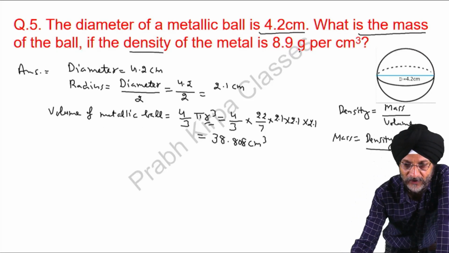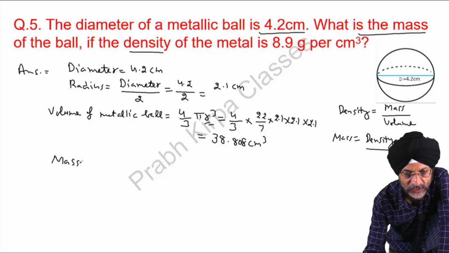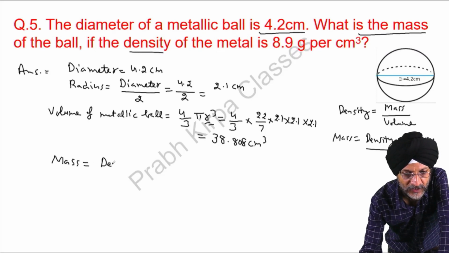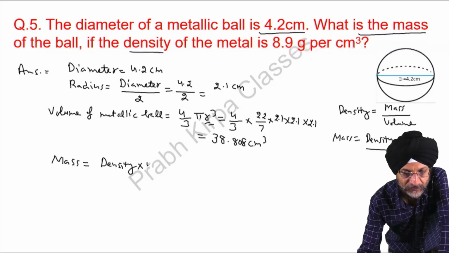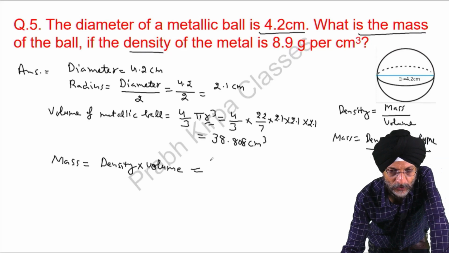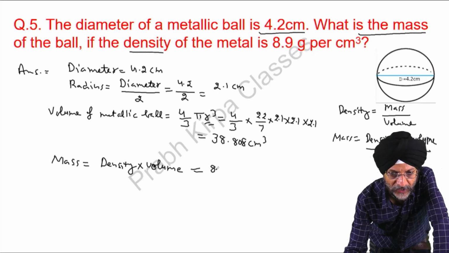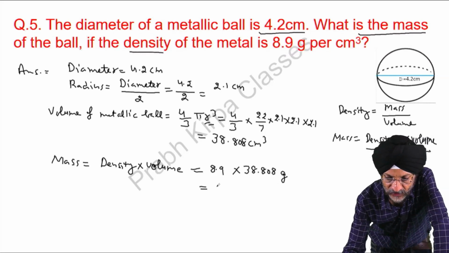Now what we have to calculate? We have to calculate the mass. Mass is density multiplied by volume. Now we will put in the relevant values. What is density? It is 8.9. It will be multiplied with 38.808. Now what will be calculated?